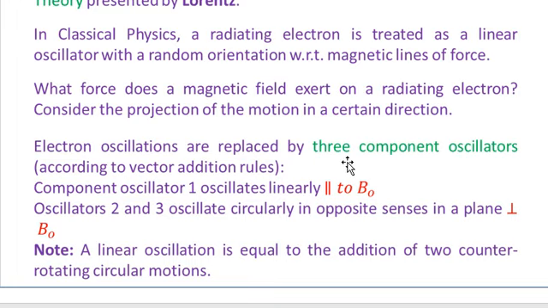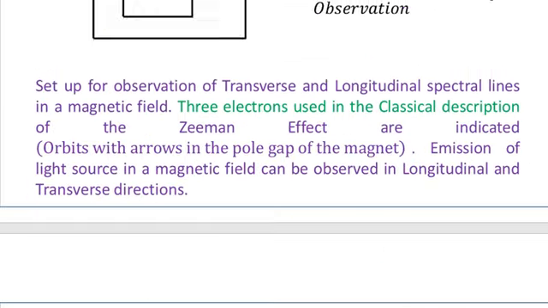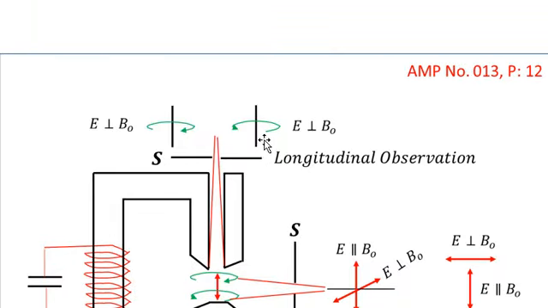The three components mean one component will be along the B direction, and the other two components will be perpendicular to the B direction, but those two components will be circularly polarized. And you know that if you add two circularly polarized components, you will get one linearly polarized component. For example, if you combine these two circularly polarized beams along a single axis, you can produce one linearly polarized component.